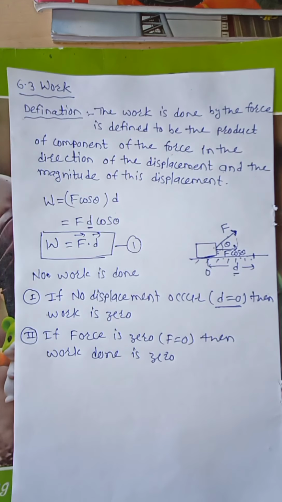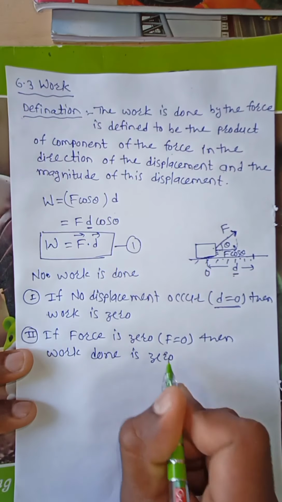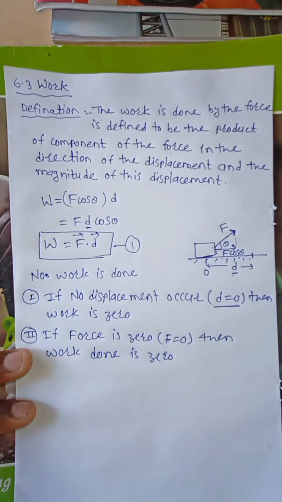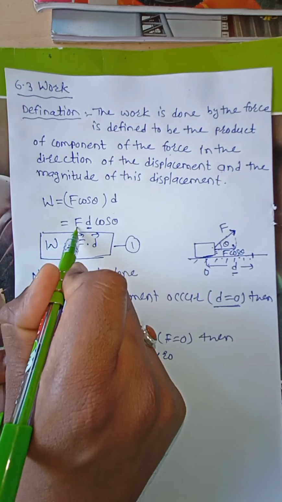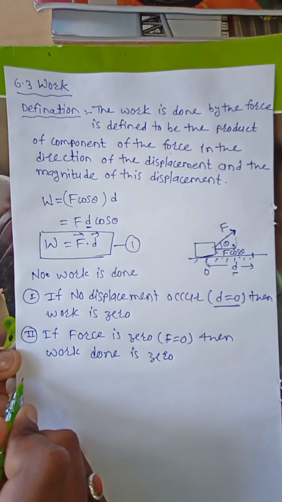If you don't apply a force on that object, then work done is zero. If no displacement, work done is zero. If no force, work done is zero.